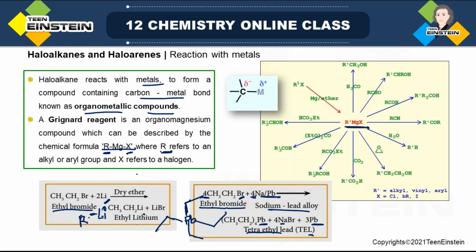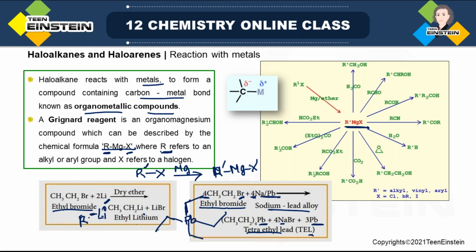It is formed when you treat magnesium with RX. Suppose you have any alkyl halide R'X. In presence of Mg and dry ether, there will be formation of R'MgX. So in this way you can prepare Grignard reagent.